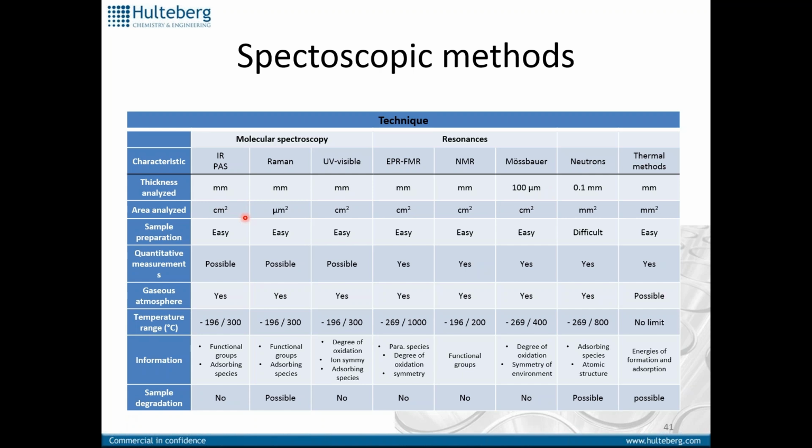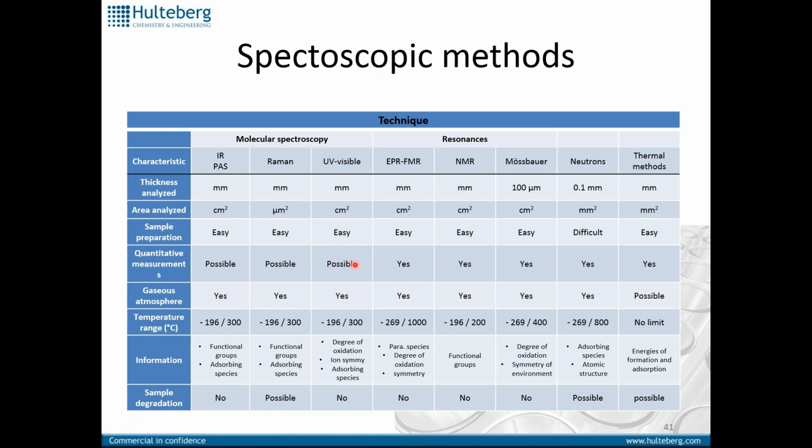For instance, Raman spectroscopy will analyze quite deep in the material, which means it's a bulk method, but it will be quite specific to a narrow area. So you could actually, in theory at least, sample different sites.